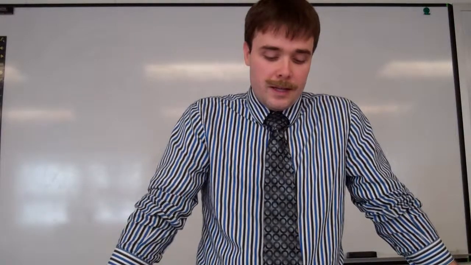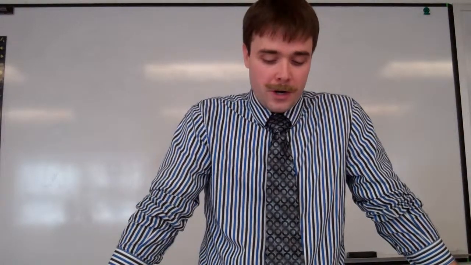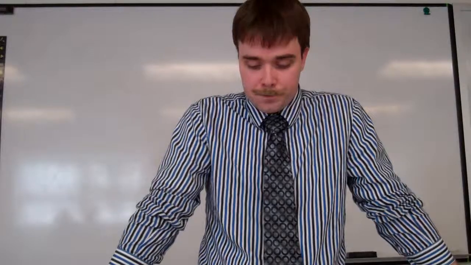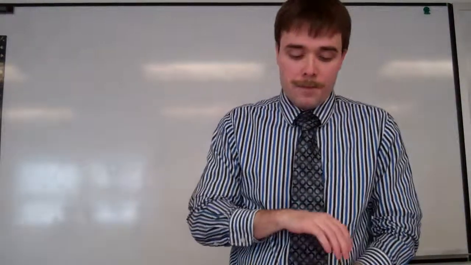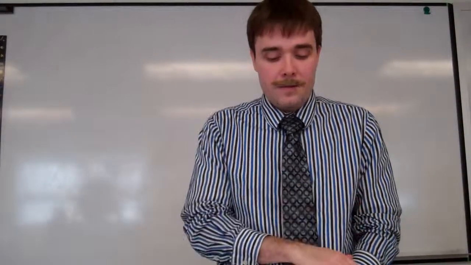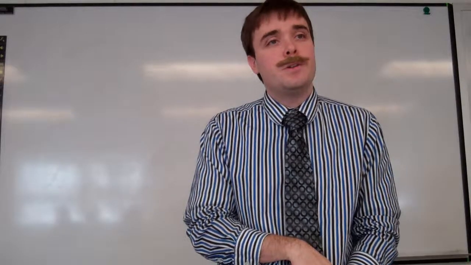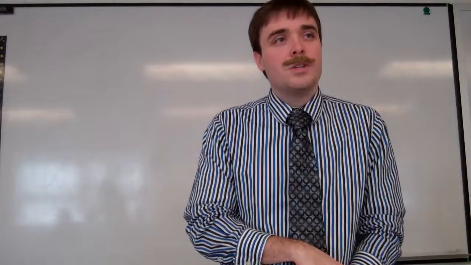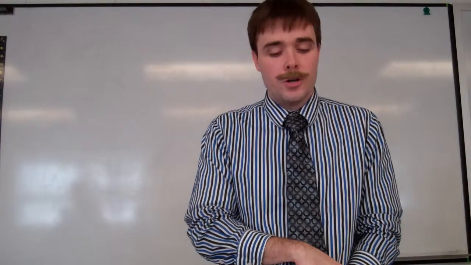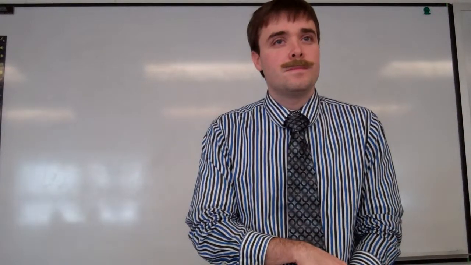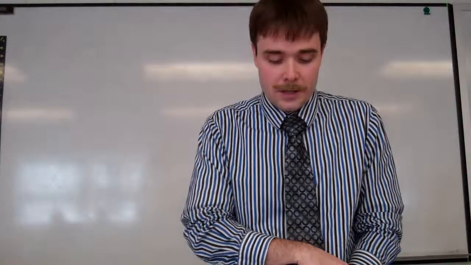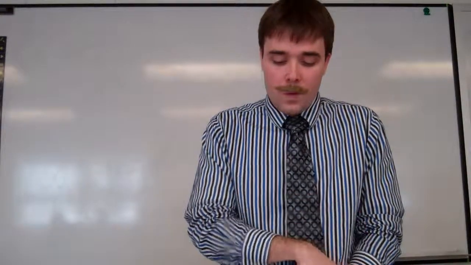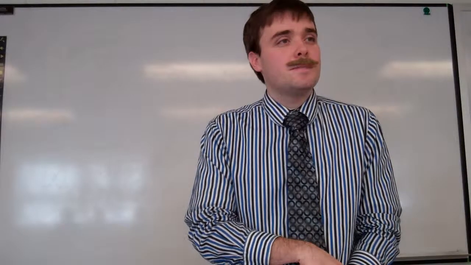So our first one is force on a charged particle moving through a magnetic field. F is equal to the force. What's force measured in? Newtons. What's Q? Charge. What's charge measured in? Coulombs, abbreviated capital C. What do you think lowercase v is?